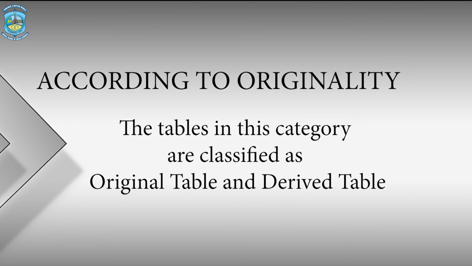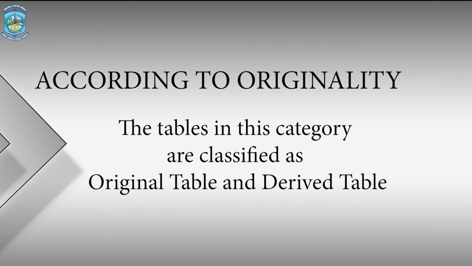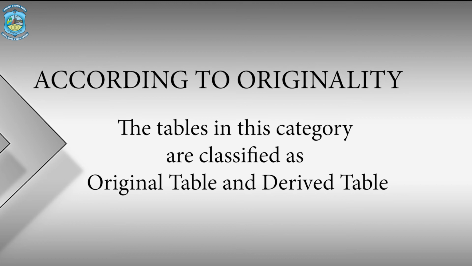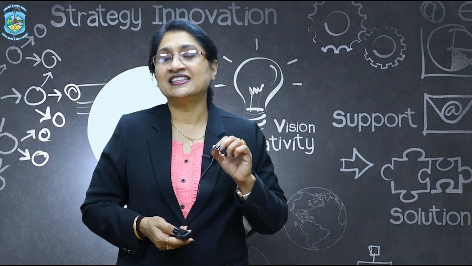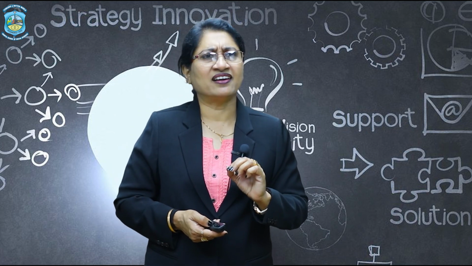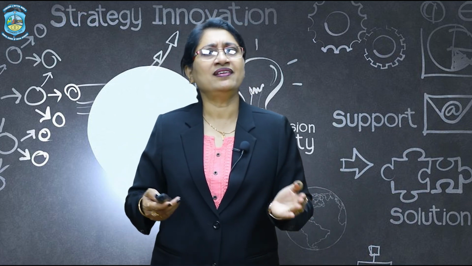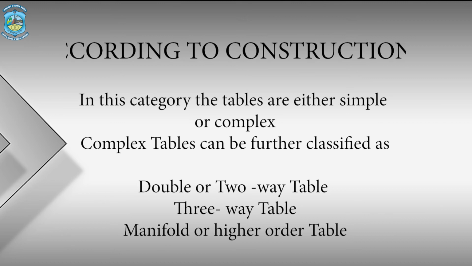Instead, the data is first converted into ratios, percentages, etc., and then they are presented. According to construction, in this category, the tables are either simple or complex. Complex tables can further be classified as double or two-way table, three-way table, manifold or higher order table.